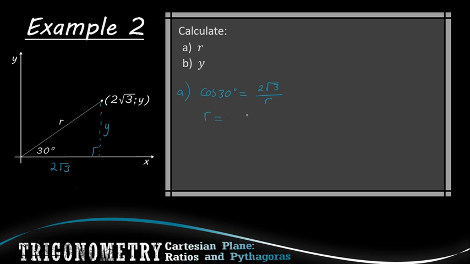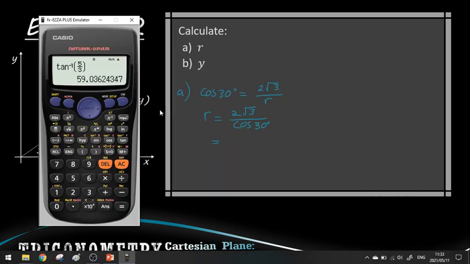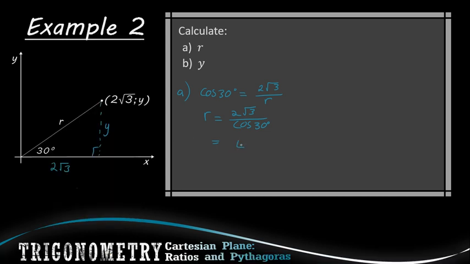So r is equal to 2 square root of 3 over cos 30 degrees, which is equal to 4.